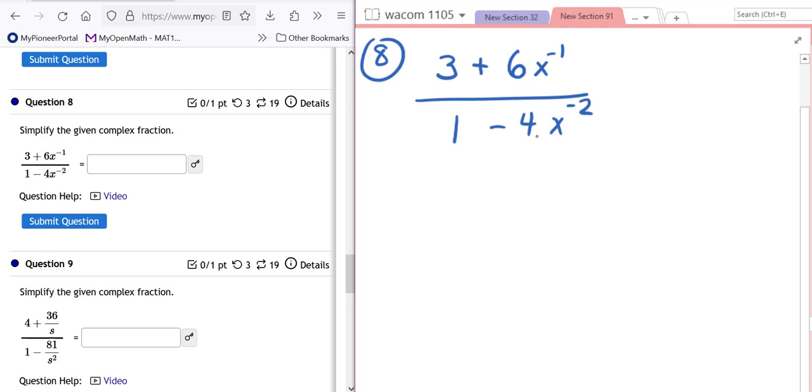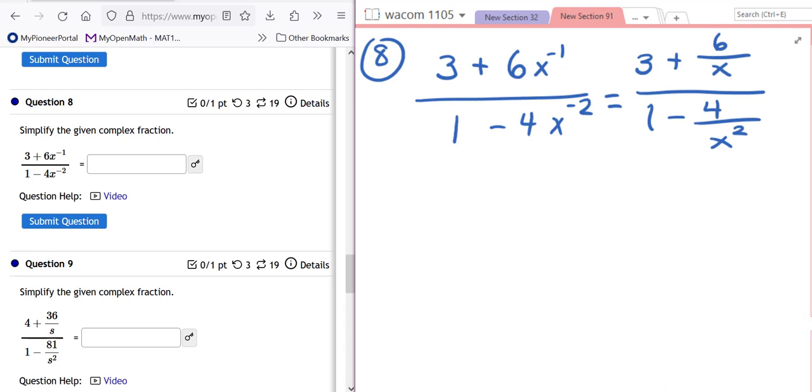You're not going to move it below this line, but you're going to put it under the 6. So you're going to rewrite this as 6 over x to the positive 1. You're going to rewrite this as 1 minus 4, and it's going to be x to the positive 2. So that's the one we're going to clean up. Your common denominator is going to be an x squared, but we're going to distribute it so it's going to go beside every piece.